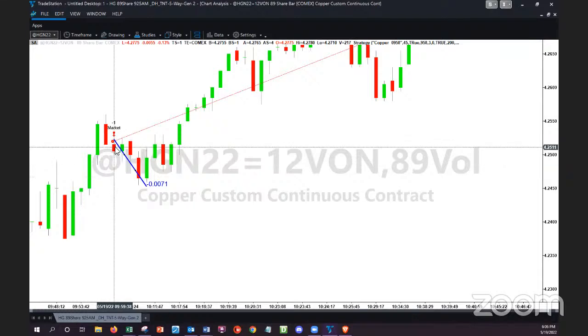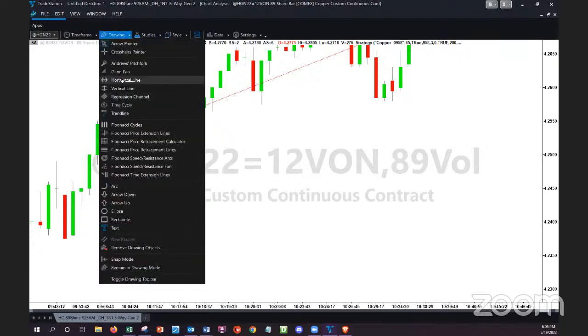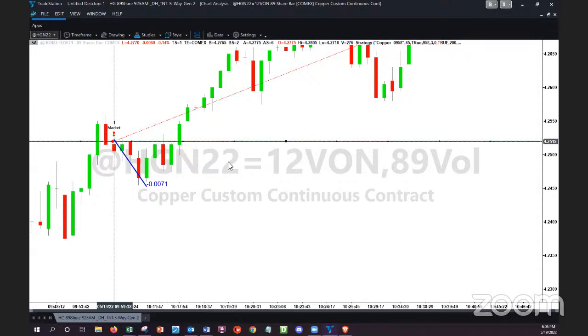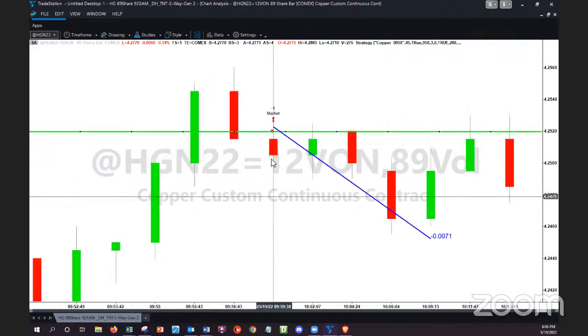This shows it entered the market right here, which is when it actually placed the order. So I'm going to put a line right there. You'll also notice I'm looking at 89 volume here. Okay, so that's where it entered the market.